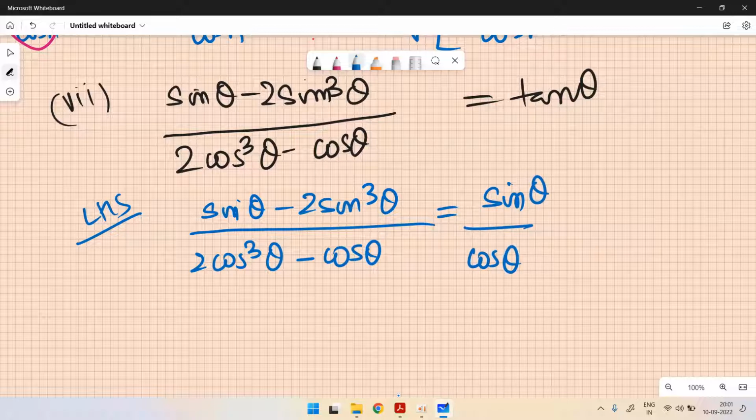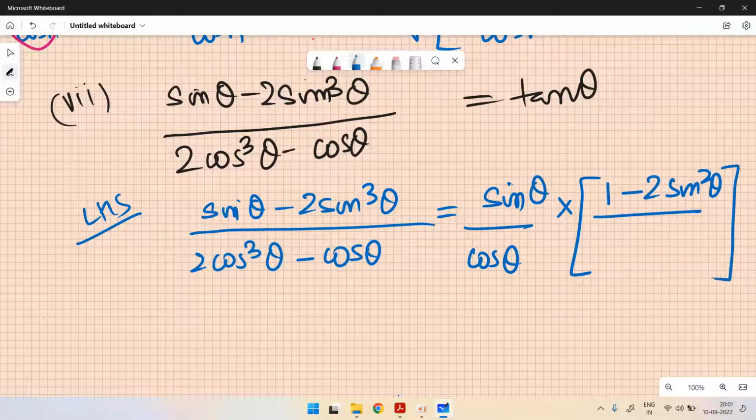If I take sine theta common from the numerator, and cos theta common from the denominator, this whole expression will change to sine theta into 1 minus 2 sine square theta, by cos theta into 2 cos square theta minus 1.